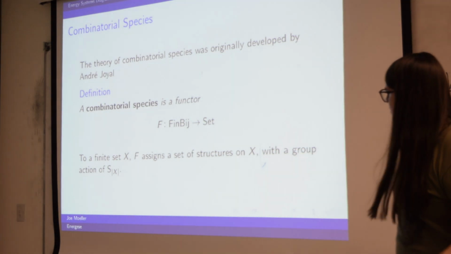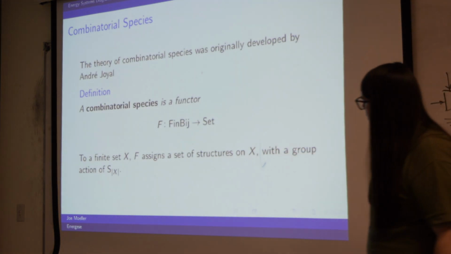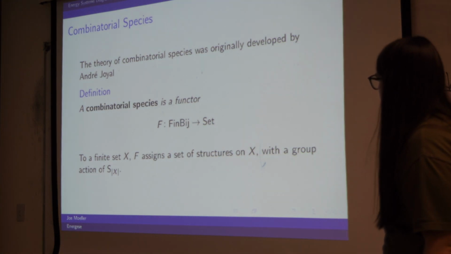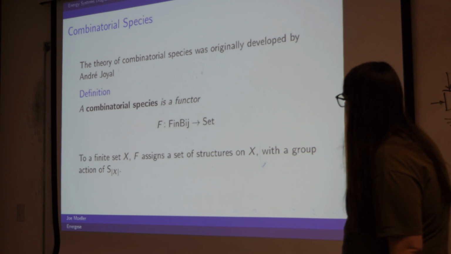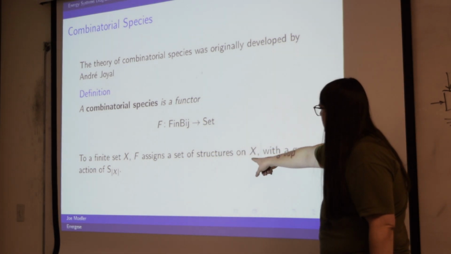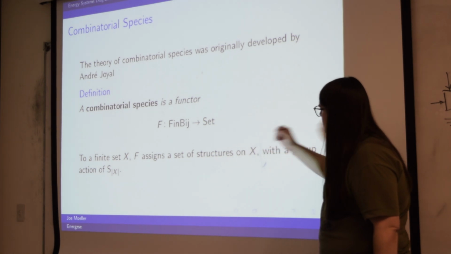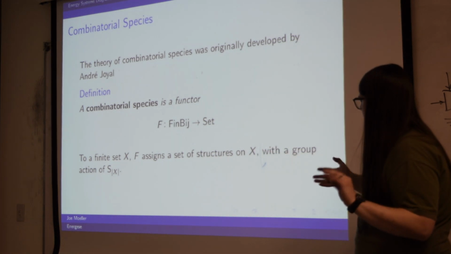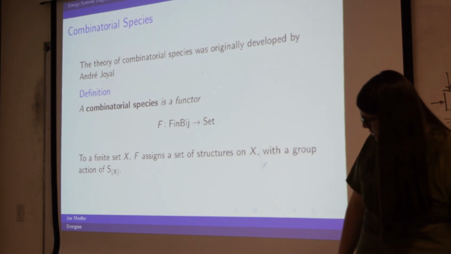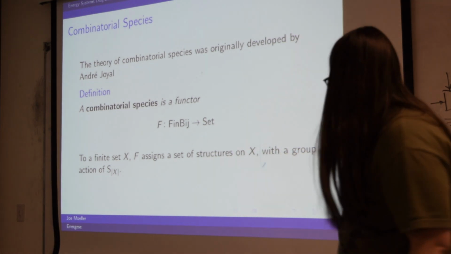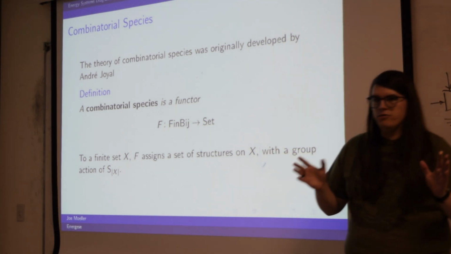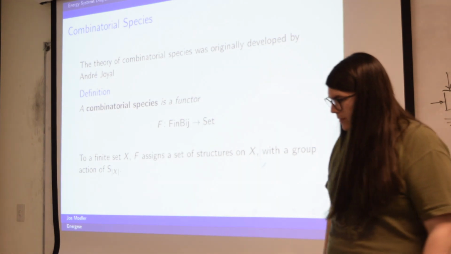That's sort of a weird thing on its surface, but the way you think about this is if you have a finite set X, F is assigning the set of structures, which are being described by F, that you can put on X. And it comes with a group action of the symmetric group of the size of that finite set.